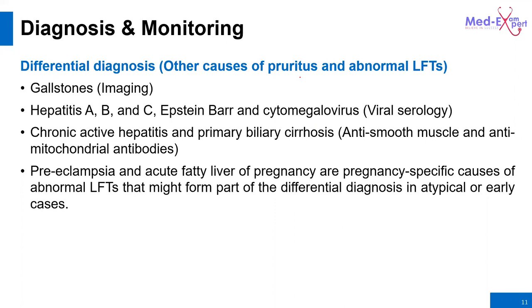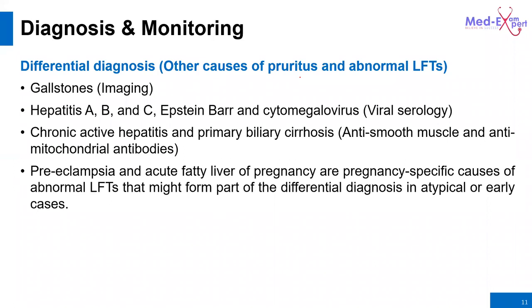All these can lead to some sort of abnormal liver function test, and also any affection to the liver or the hepatobiliary system can lead to upregulation of the bile acids and bilirubin and so on. So we have to exclude any infection in the liver, hepatitis, Epstein-Barr, cytomegalovirus, and this is of course done by viral serology. Also, you have to exclude some autoimmune conditions like the chronic active hepatitis and primary biliary cirrhosis.